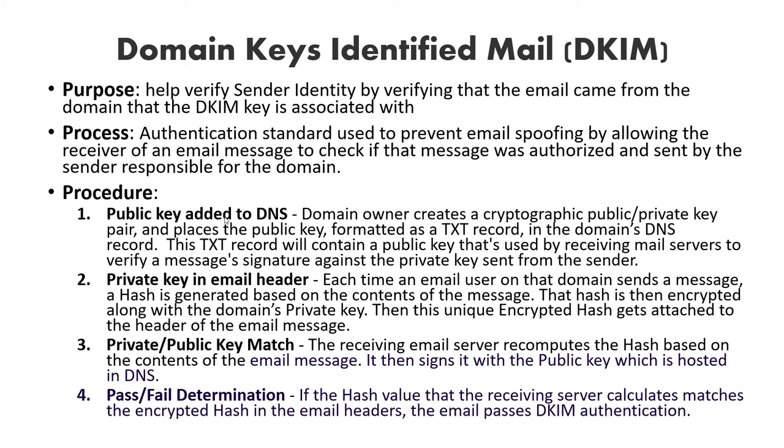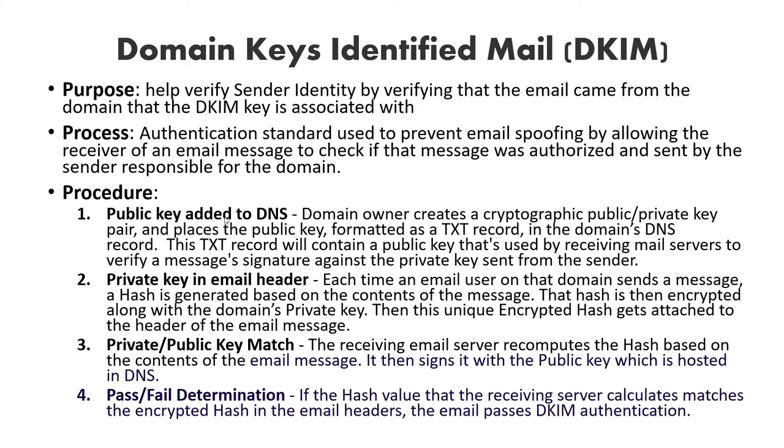They have you add a public key to the DNS. So you, as the domain owner, or whoever's sending the actual email, would create a cryptographic public and private key pair, right? Those 2 encrypted halves. And you place that public key, formatted as a text record, in your DNS.